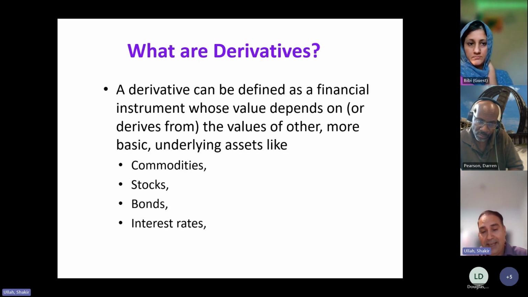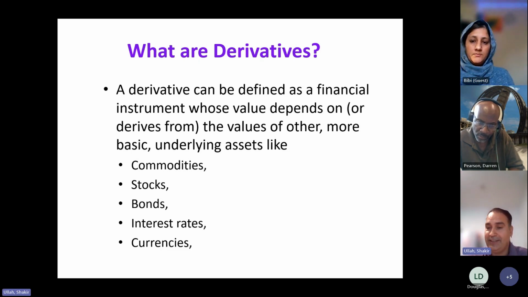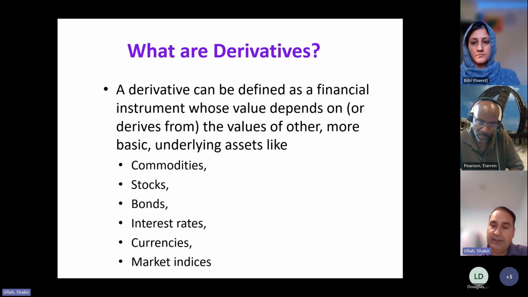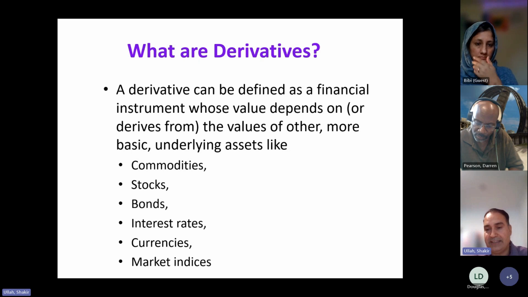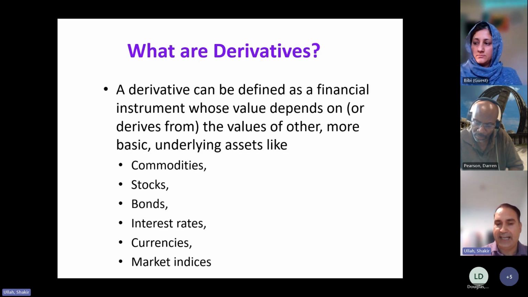And it could be currencies. Also market indices, for example, the S&P 500, or you hear NASDAQ going up and down. We also have derivatives based on those indices. So those could be the underlying assets. When we develop a derivative based on those assets, whichever asset that is, the derivative's value will change with the value of the underlying asset.